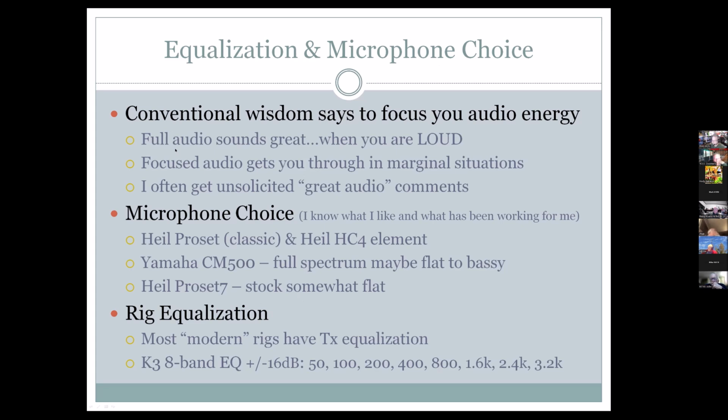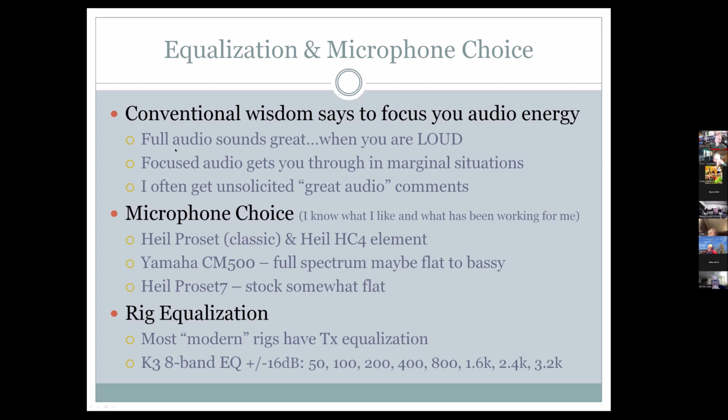broad audio sounds nice, and it's true, but only when you're loud. If you've got weak guys that have broad audio, they're hard to copy. What we're talking about in contesting here is trying to be heard in off situations, right? Where the other station's having trouble copying you on 160 meters in the summer, trying to make a contact and it's nothing but noise. How do you break out of that?